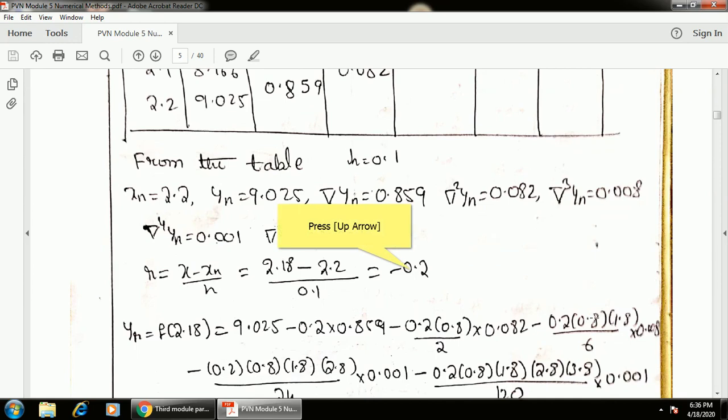We need to find the value of the function at x is equal to 2.18. So x is equal to 2.18 and xn is 2.2. The difference between two consecutive values of x is 0.1. That is the h value. If I simplify this, that's equal to minus 0.2. And we have written the formula.